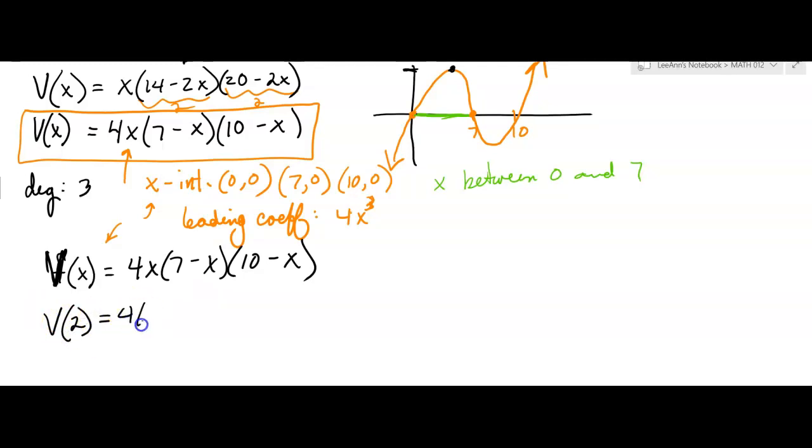You'd have 4 times 2 times 5 times 8, because you're subtracting 2 from 7 and then 2 from 10. 10 times 32 would be 320. So you're talking a volume of 320 cubic centimeters if you cut out 2-inch squares.